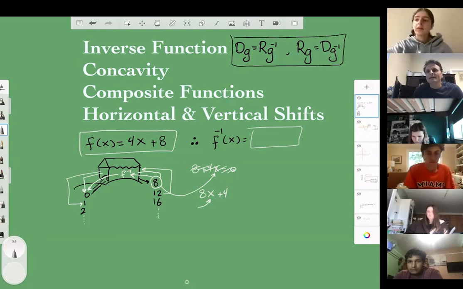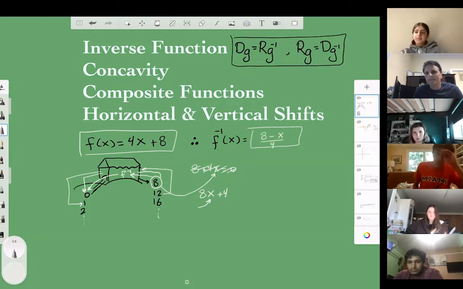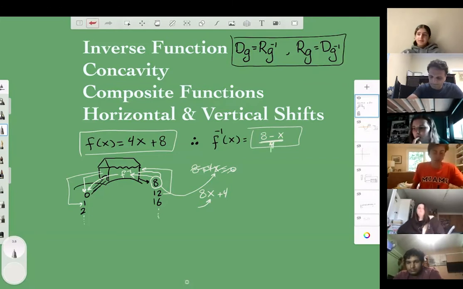Is it x minus 8 over 4? 8 minus x over 4. Okay, let's try. So she came up with this formula, 8 minus x over 4.